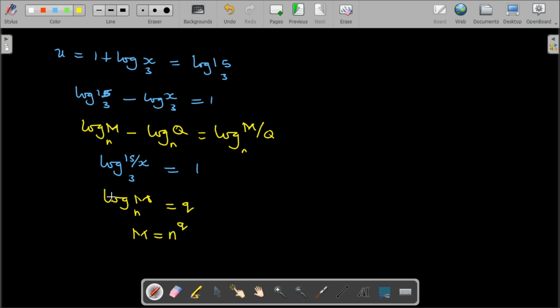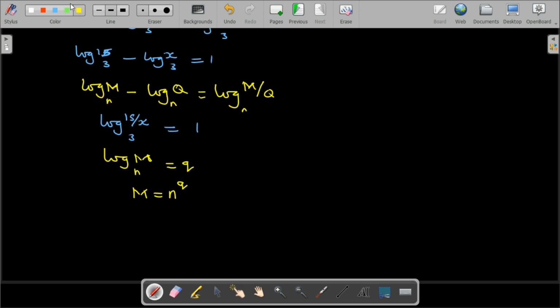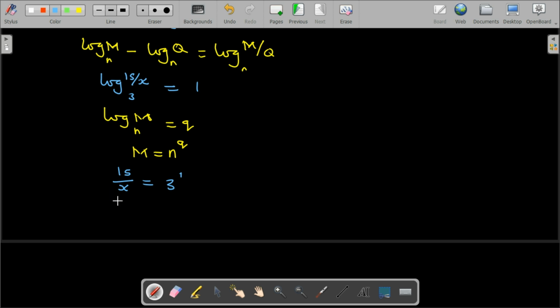This is the transformation from logarithmic form to indical form. So we could apply that here, such that 15 over x will now be exactly equal to 3 raised to power 1.